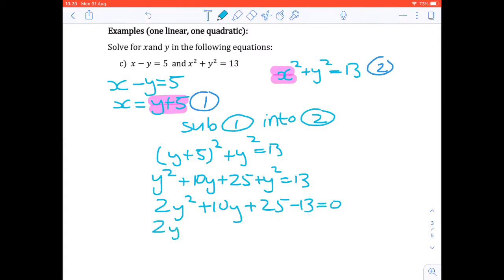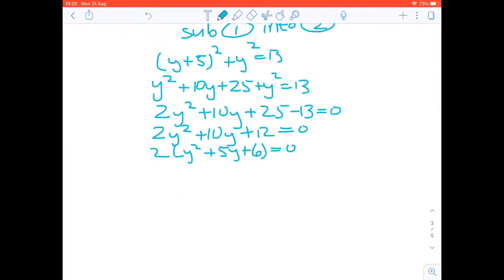So 2y squared plus 10y plus 12 equals 0. We can take out a 2. So y squared plus 5y plus 6 equals 0. And we divide both sides by 2 to get rid of that 2. So we're left with y squared plus 5y plus 6 equals 0.